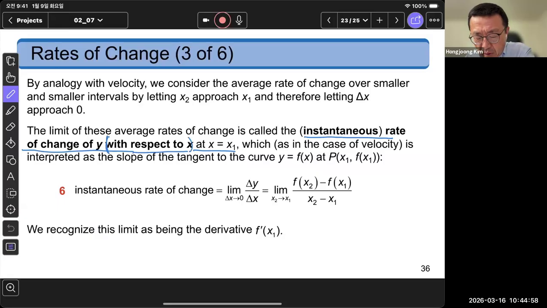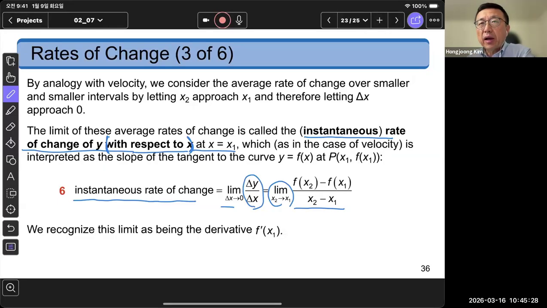Okay? So simply we say that is the instantaneous rate of change of the function at x1. Okay? So the instantaneous rate of change of this function is the limit of this expression, or in other words, the limit of delta y over delta x as x2 approaches x1.